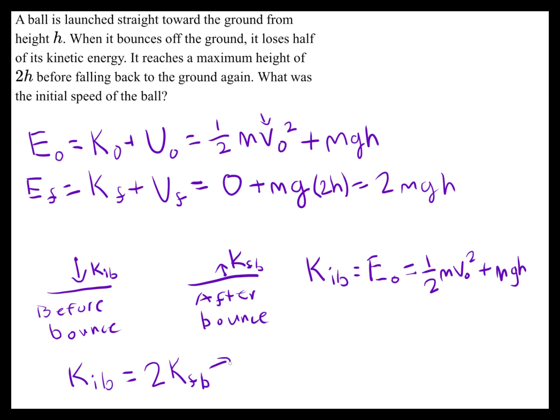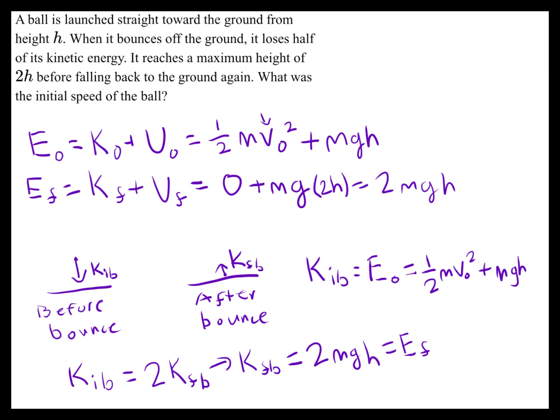And the kinetic energy after the bounce is simply equal to 2mgh, since right after the bounce its kinetic energy is converted to gravitational potential energy, and it keeps going until all of the kinetic energy is converted. So these two are actually equal. The final energy at height 2h is equal to the kinetic energy right after the bounce.